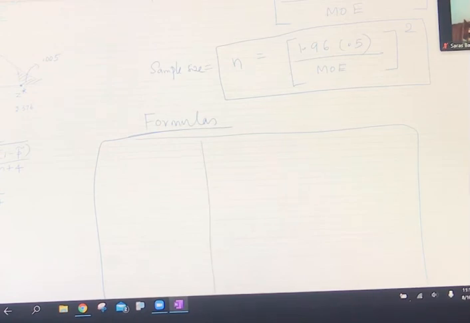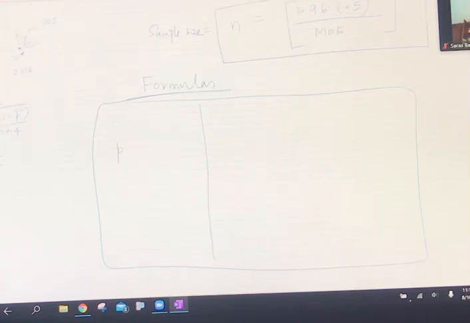So this is going to be the confidence limits: P hat plus or minus Z star times square root of P hat, 1 minus P hat over N. So this is one formula, and this will tell you the confidence limits for P, the population proportion.